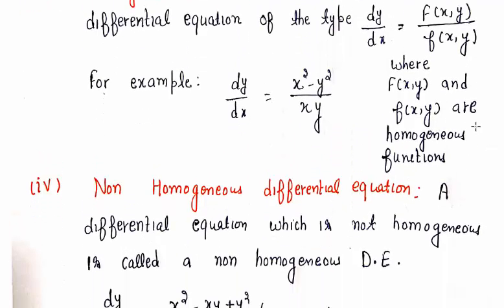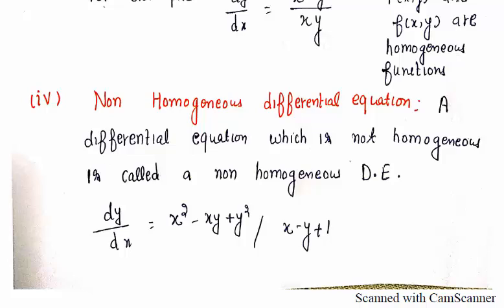That means for a non-homogeneous equation, the functions F of xy and f of xy are not homogeneous functions. That means the total degree of the numerator and denominator is not equal. So the differential equation is known as non-homogeneous.